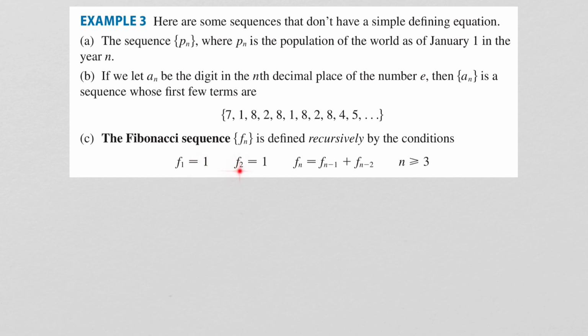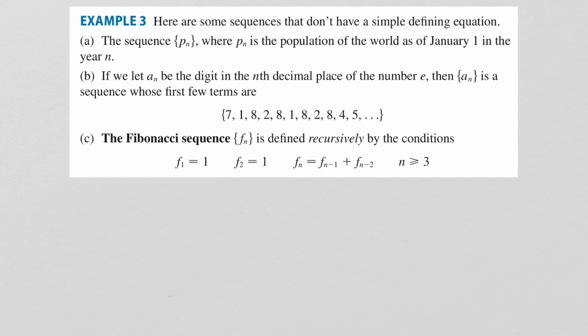The next number in the sequence is defined to be 1 also. After that, to get the third term onward, Fn is going to be Fn minus 1 plus Fn minus 2. So we're saying the nth term of the Fibonacci sequence is the number before it plus the number before that.